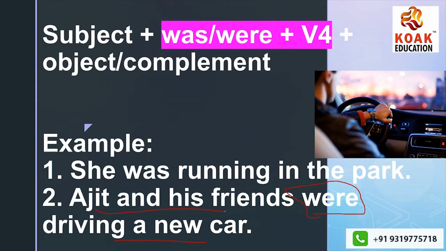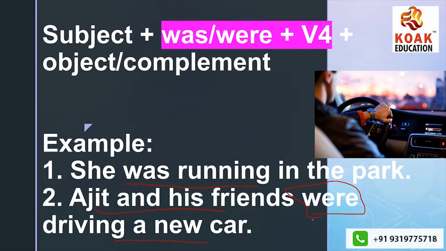So see, it is not that you cannot use past continuous tense or you don't know how to use it. It's just that when you speak fluently or in flow, we mix words, or we forget because we're not that conscious or cautious while speaking. So, she was running in the park.